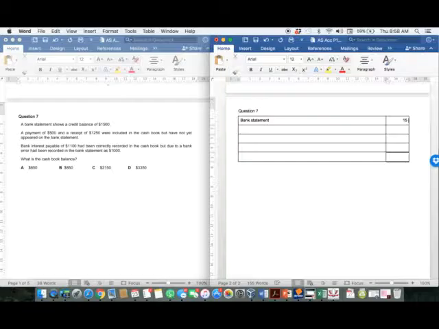Sorry, 1,500, not 15. Because you start with a bank statement and then you say, what would the bank have to do to agree with us? Because we want to know at the end what is the cash book balance. And so that's what we are looking for. And hopefully you realize that should equal the bank statement balance if it is correct, once you've taken everything into account.